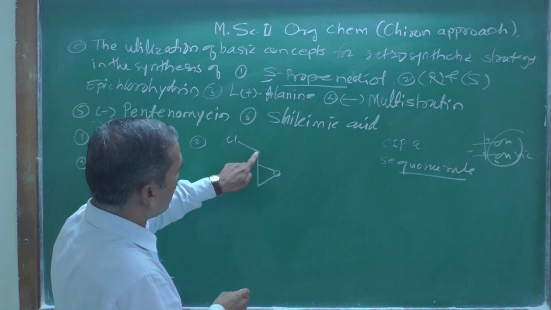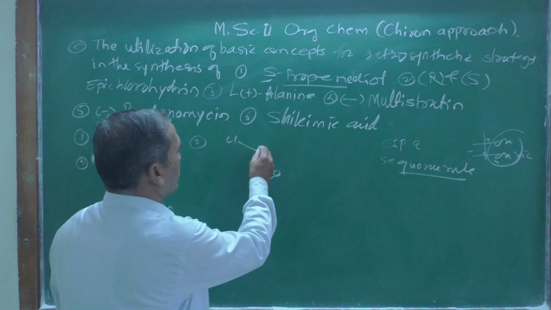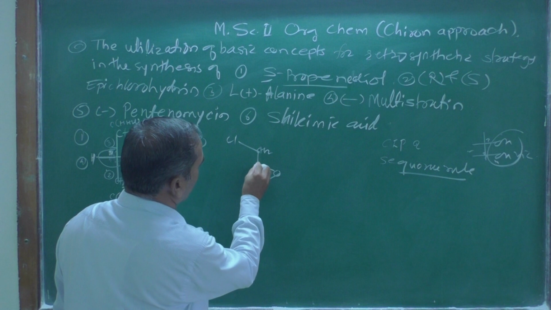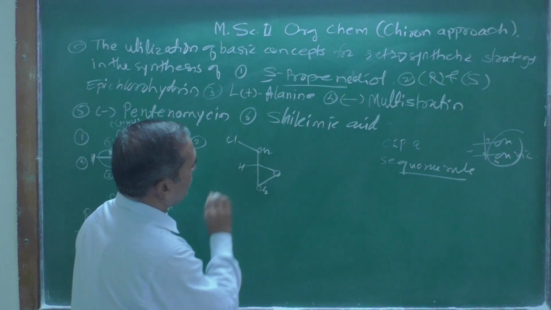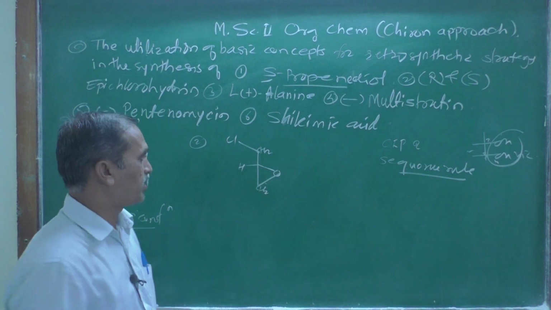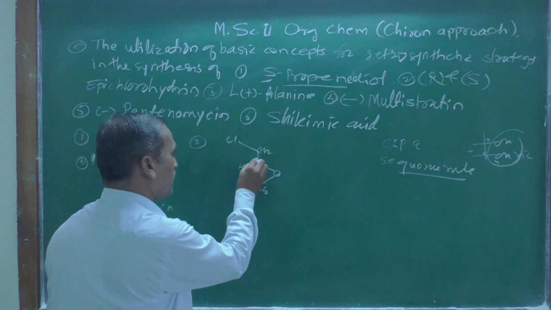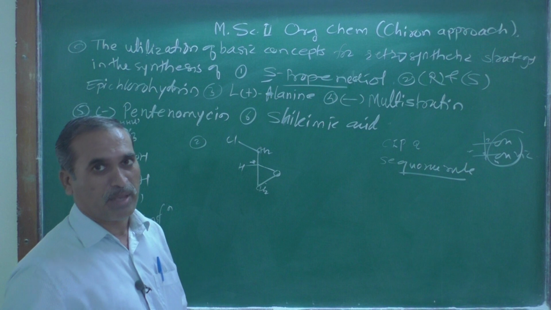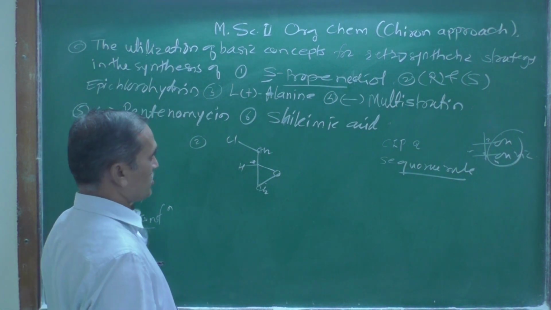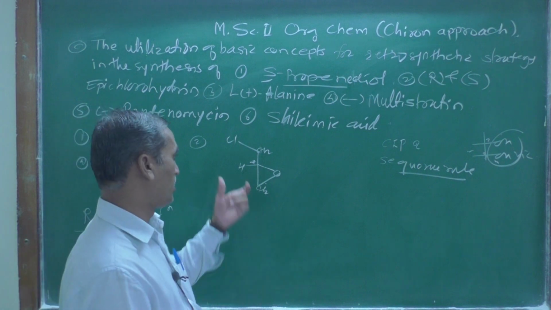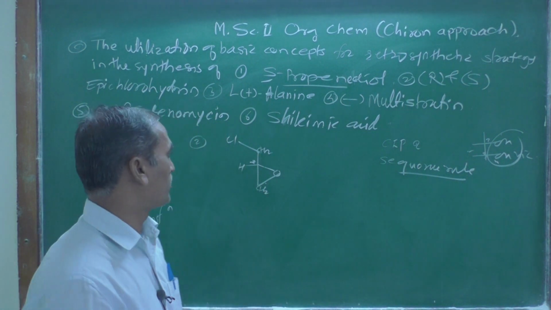If you look here, this is a CH2 group, right? Here only one hydrogen atom is there, and here is a CH2, meaning there is an epoxide type of species. Here it has one chiral center. Remember, only one chiral center is there. In the first case also one chiral center is here, and here also one chiral center.